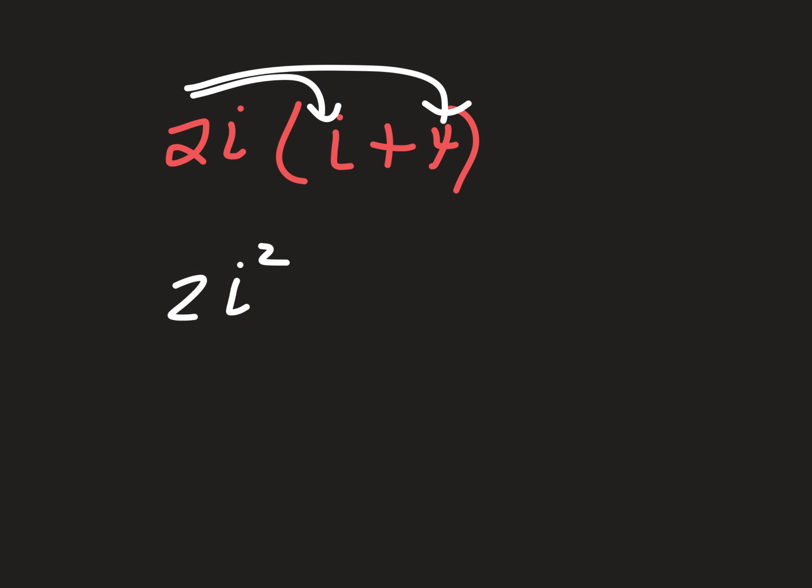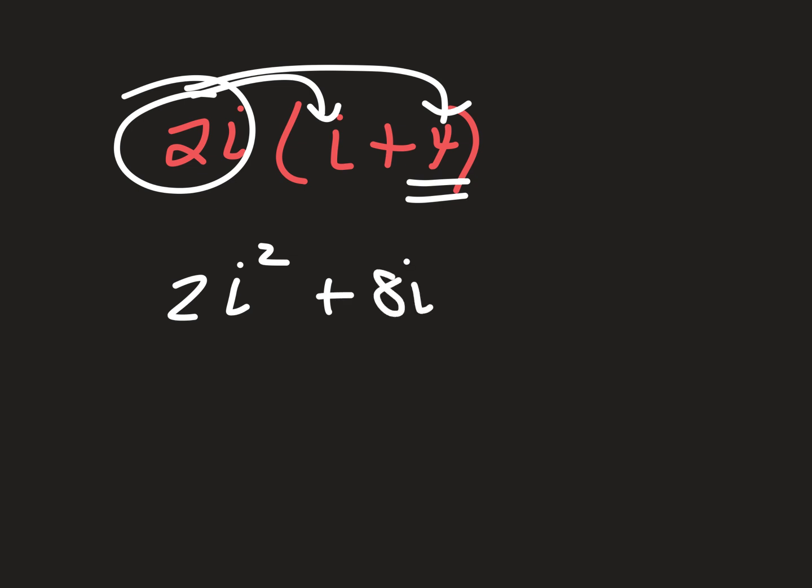Bennett, what's the 2i times the 4? This times this. 4 times the 2. 8i. 8i, there you go. And then, what's this thing about i squared again? Marshall, do you remember? So if that's negative 1 times the 2 makes it negative 2 plus 8i.